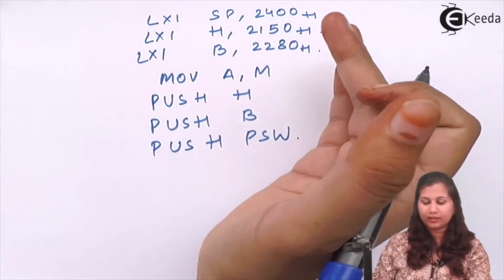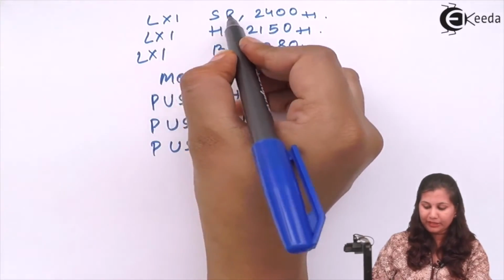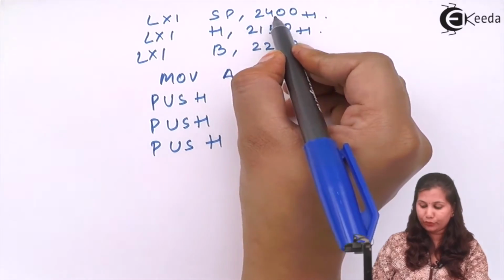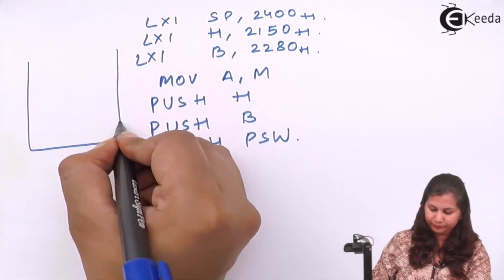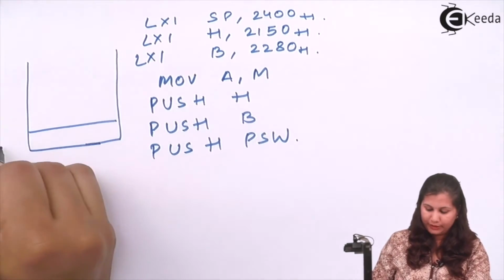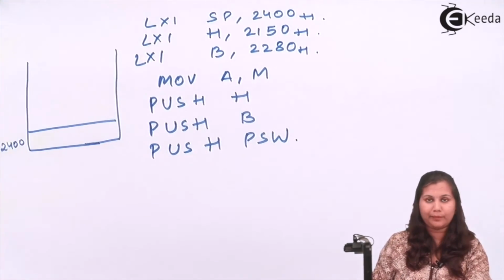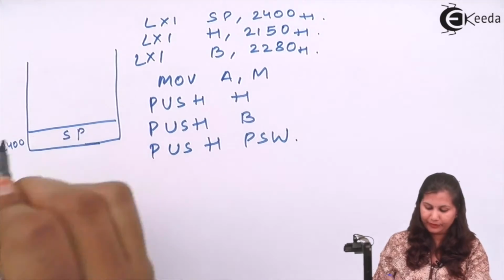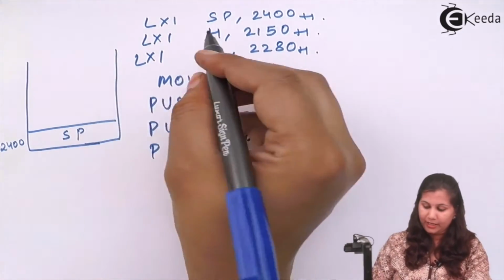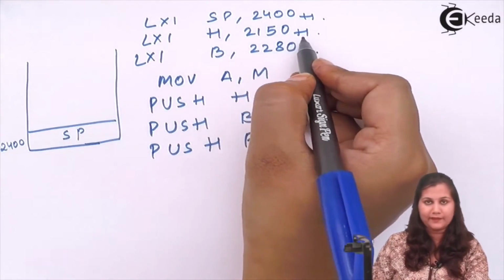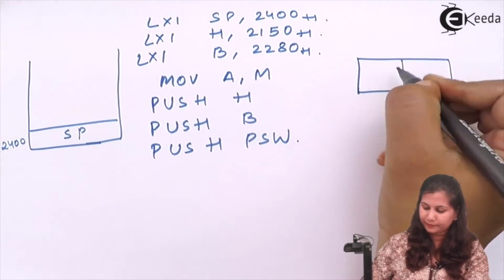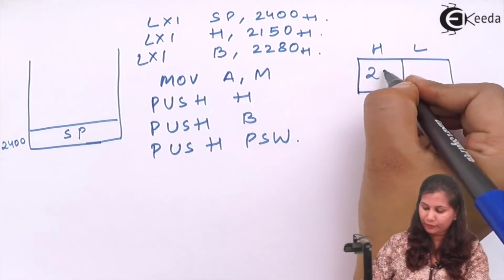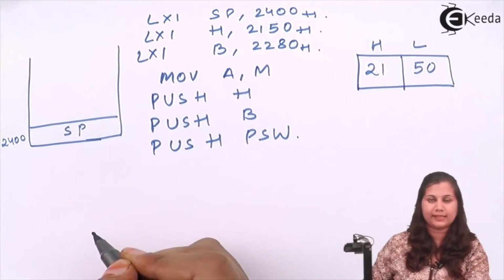So this is another example. Here we have initialized the stack pointer at 2400. This is the memory location 2400 and here the stack pointer is being initialized. Now LXI H 2150H. So in the HL register pair, we will have 2150.